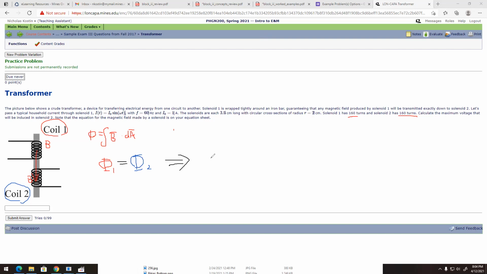So if I take the time derivative of that equation, I will find that the induced EMF, which is the derivative of flux of coil 1, is going to be the same as in coil 2. So by virtue of having the same area and the same B fields, they have the same flux and hence the same induced EMF.